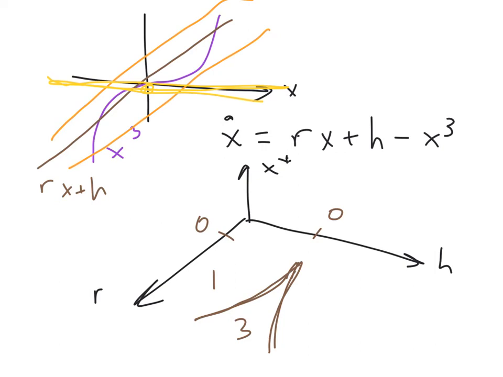And we can try to draw in the surface of the fixed points. If we fix h and we're varying r, if we're in exactly the right spot, we have a pitchfork. So that pitchfork is directly overhead this center line.